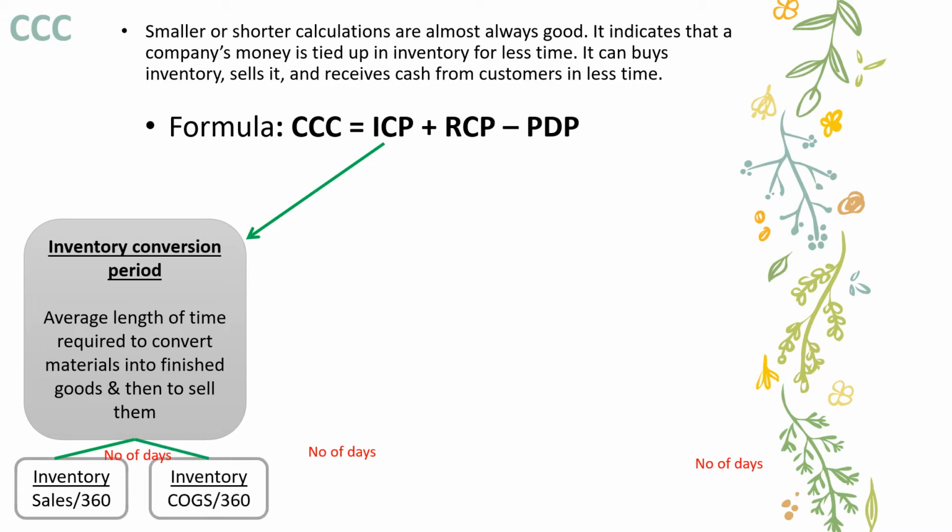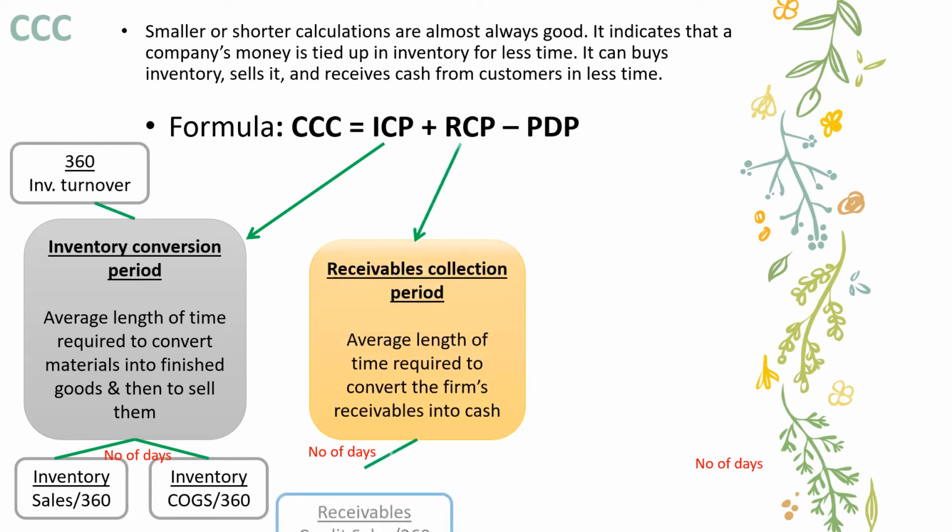Okay, the second formula, you can use either one. The second formula is inventory divided by COGS over 360. So you can use basically the sales or the COGS, cost of goods sold, to determine the ICP. Okay, and next is the RCP.